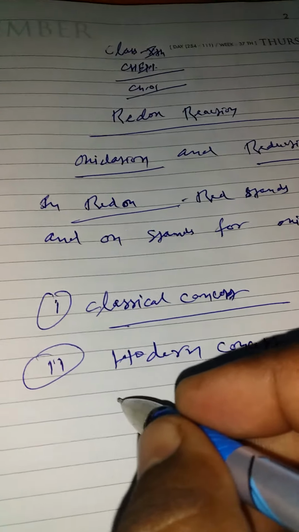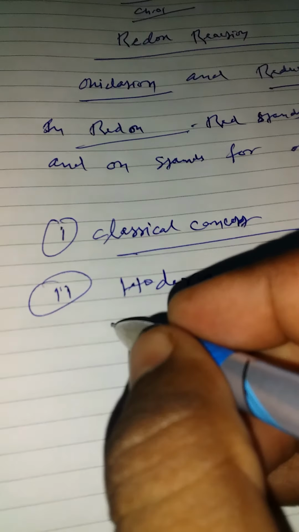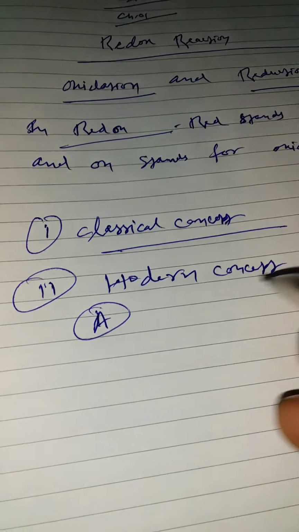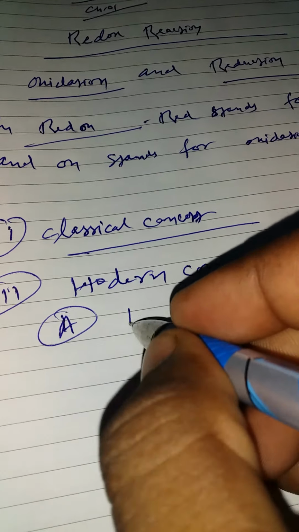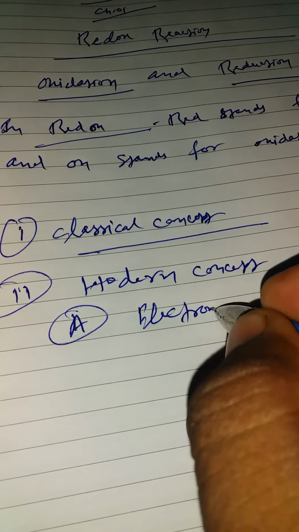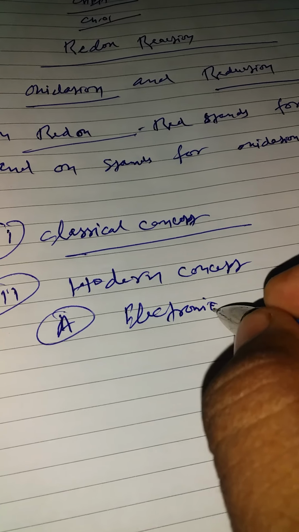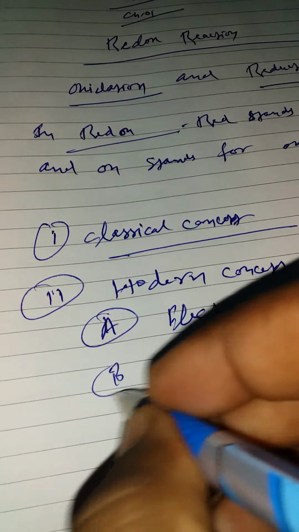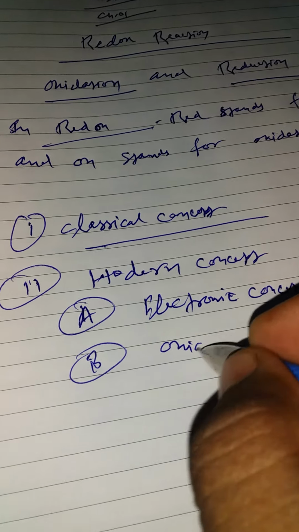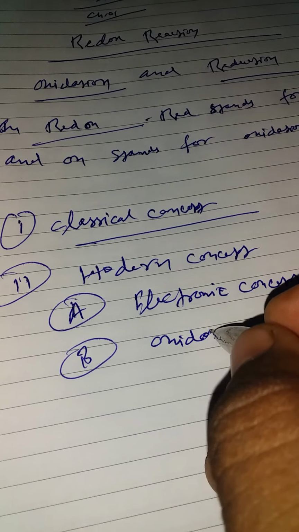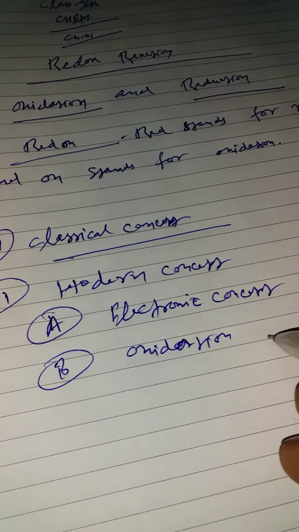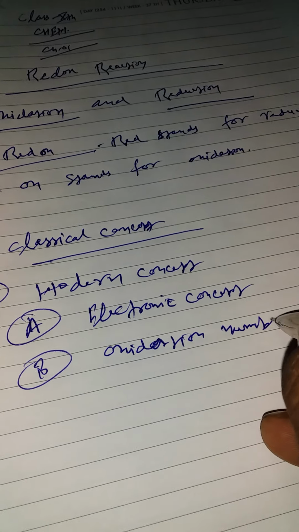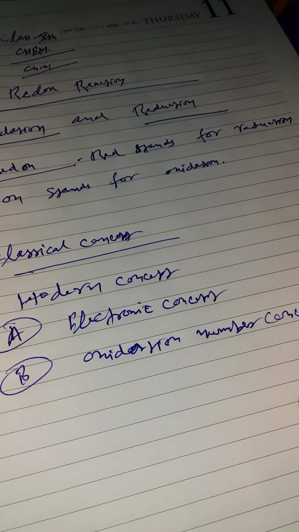In modern concept, there are two concepts: A, electronic concept, and B, oxidation number concept.